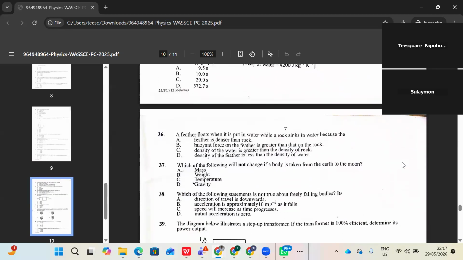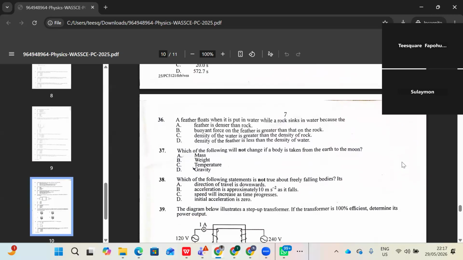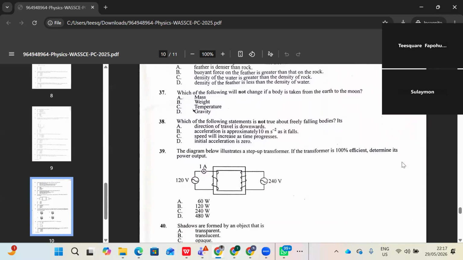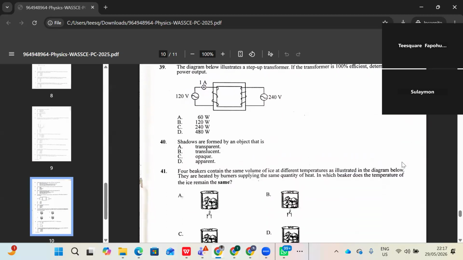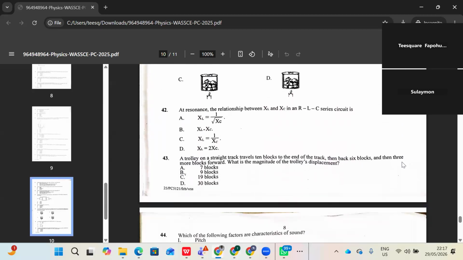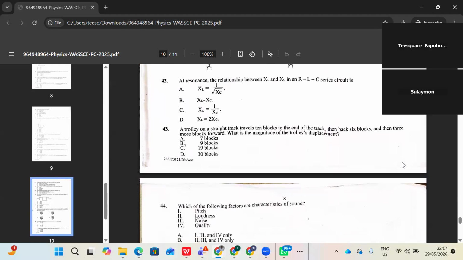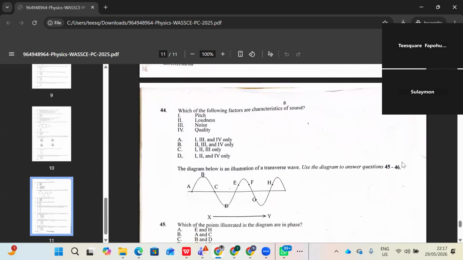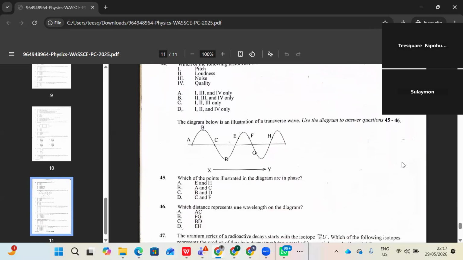So please try as much as possible and make sure that you balance your knowledge of physics. It has to be very, very excellent to pass this exam. The very last part you've seen there is RLC circuit series, and then sound waves, where you talk about pitch, loudness, and quality.